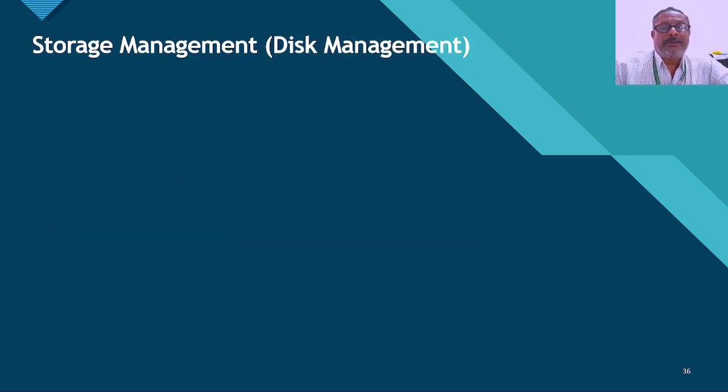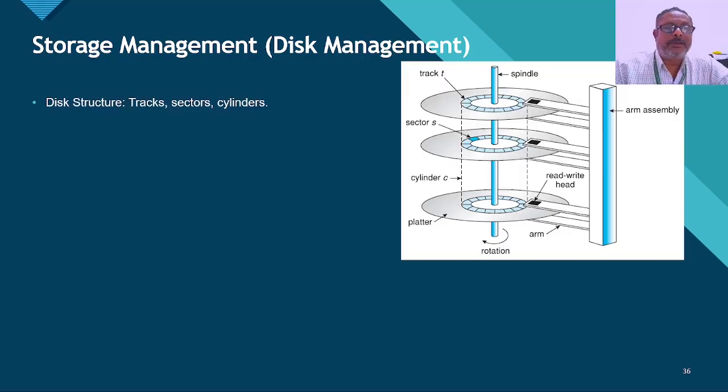Now coming to the other part, where the data is physically managed on the secondary device, which we call disk management. The figure here shows how a hard disk can be arranged.